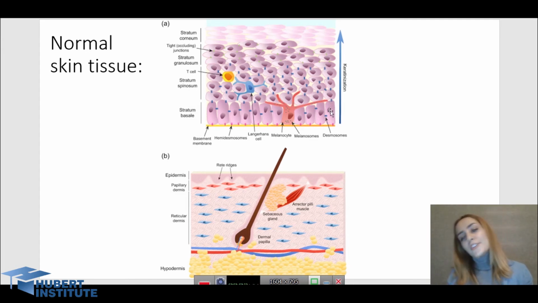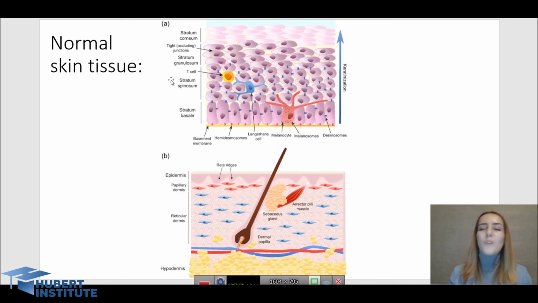It's one layer of cells that reproduces and goes up. As these cells reproduce and go up, they go through some changes that give each layer very specific qualities, so we can divide them. It's divided into four important layers. Stratum basalis is the first layer that reproduces. Above that, we have the stratum spinosum.